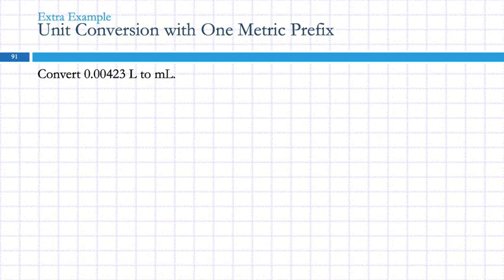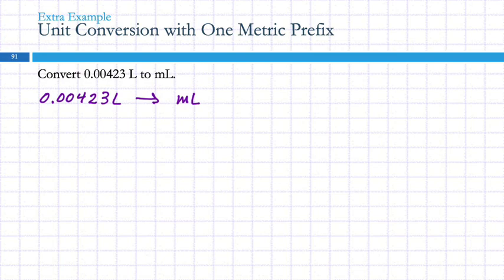So let's do a unit conversion with 1 prefix. So convert 0.00423 liters to milliliters. So this is going to be 1 step. 0.00423 liters, and I can go directly to milliliters.